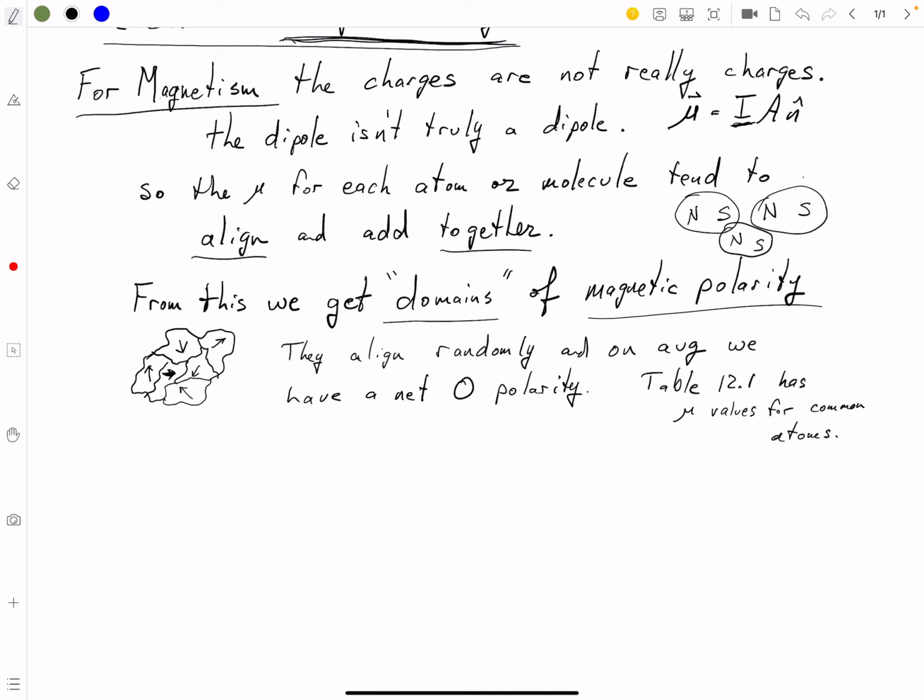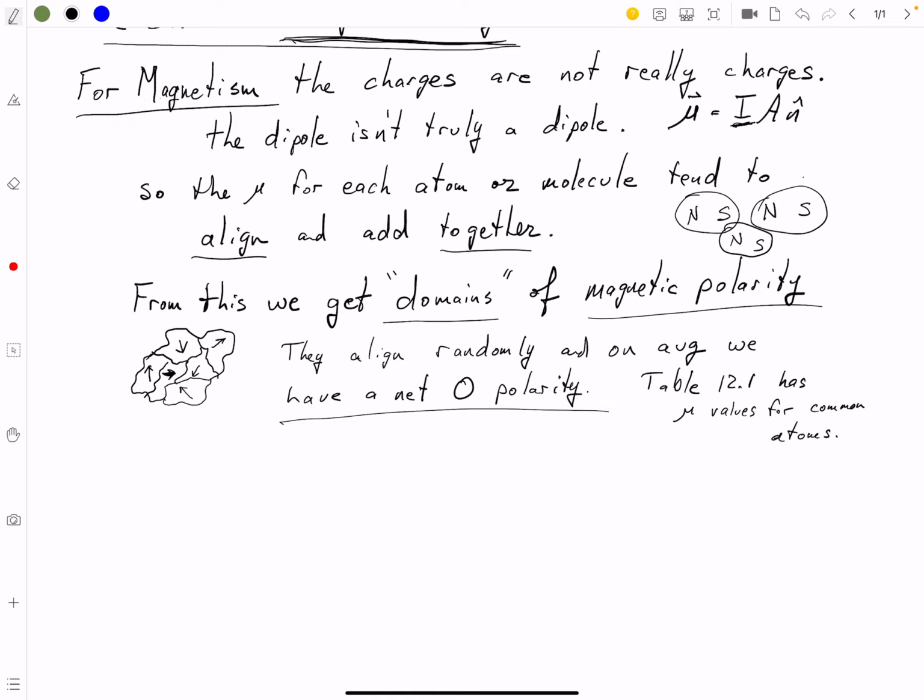They're lined up a little bit differently. And they do this randomly. So on average, over the whole thing, we have a net zero polarity. And then, of course, table 12.1 has some values for different atoms, the magnetic moments.